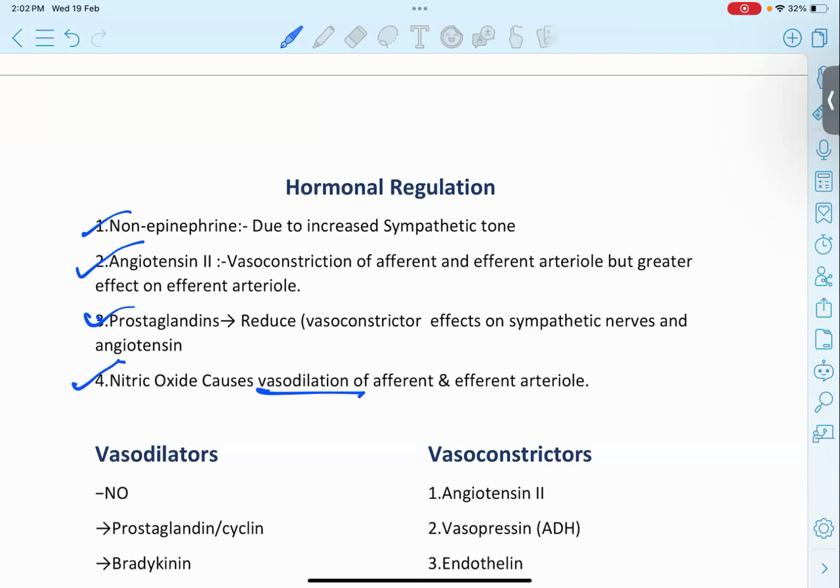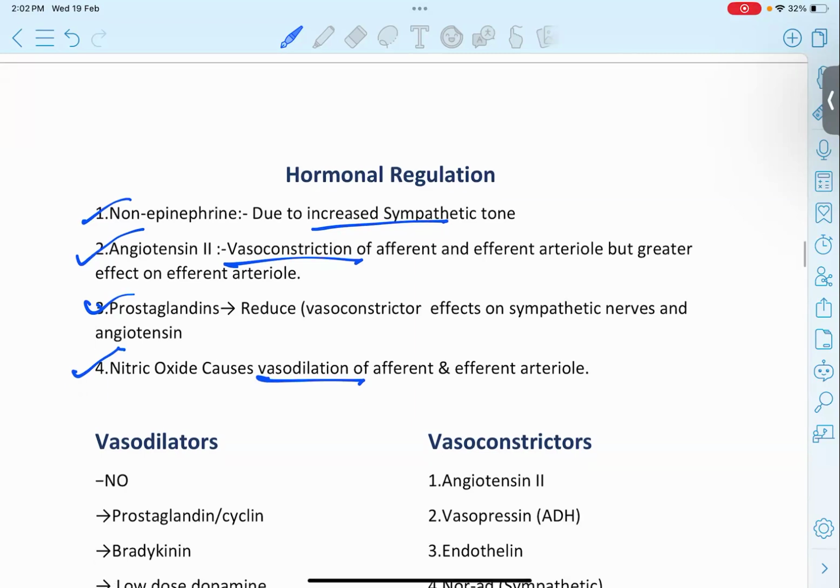So hormonal regulation is just different hormones having different effects on the blood vessel. Norepinephrine is a vasoconstrictor; it increases sympathetic tone. Angiotensin 2 is a powerful vasoconstrictor. Prostaglandin reduces the vasoconstrictor effect of sympathetic nerve and angiotensin. That means prostaglandin is a vasodilator, and nitric oxide is a vasodilator.